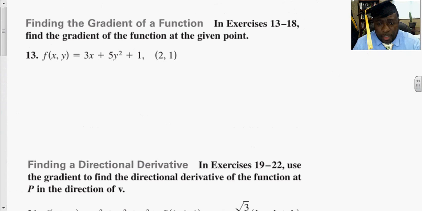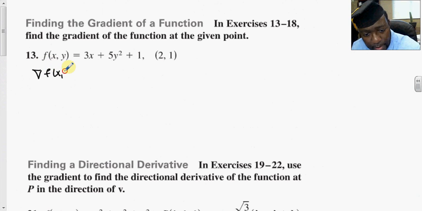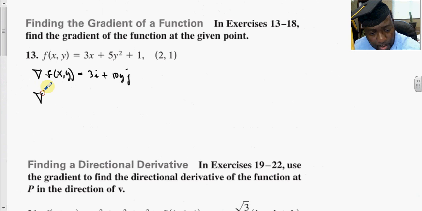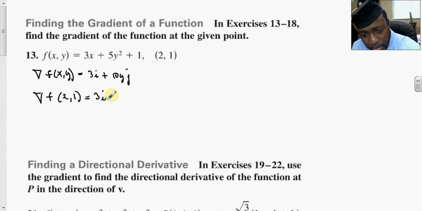Well, find the gradient of the function at the given point. So here the gradient of f at x comma y is 3 times i plus 10y times j, and to calculate the gradient at the point 2 comma 1 is 3i plus 10 times 1 for y.